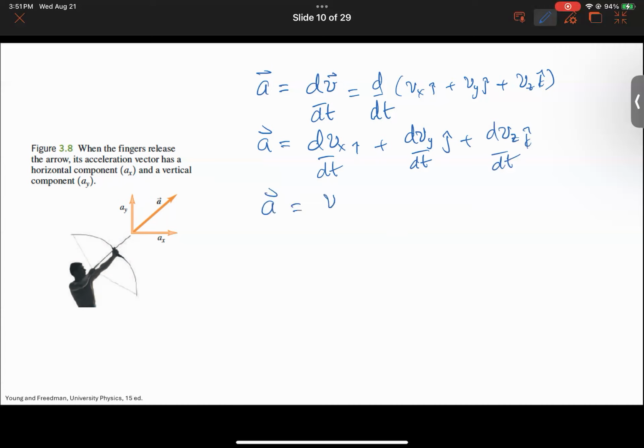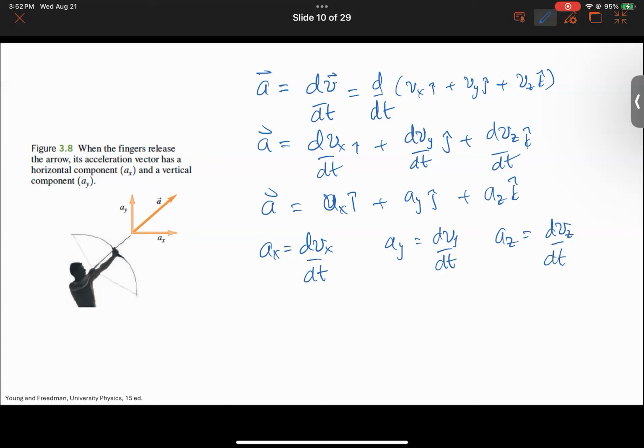So this is nothing but a sub x i hat plus a sub y j hat plus a sub z k hat. So a sub x is equal to dvx/dt, okay, and then a sub y is equal to dvy/dt, and a sub z is equal to dvz/dt.